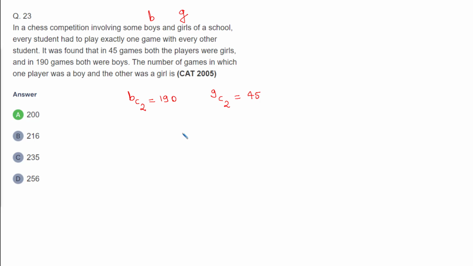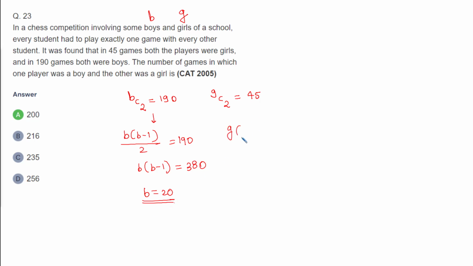BC2 is equal to 190. So 20C2 is 190, or you can make an equation over here. B into B minus 1 divided by 2 is equal to 190. So B into B minus 1 is equal to 380. If you solve this further, B is equal to 20 satisfies the equation.